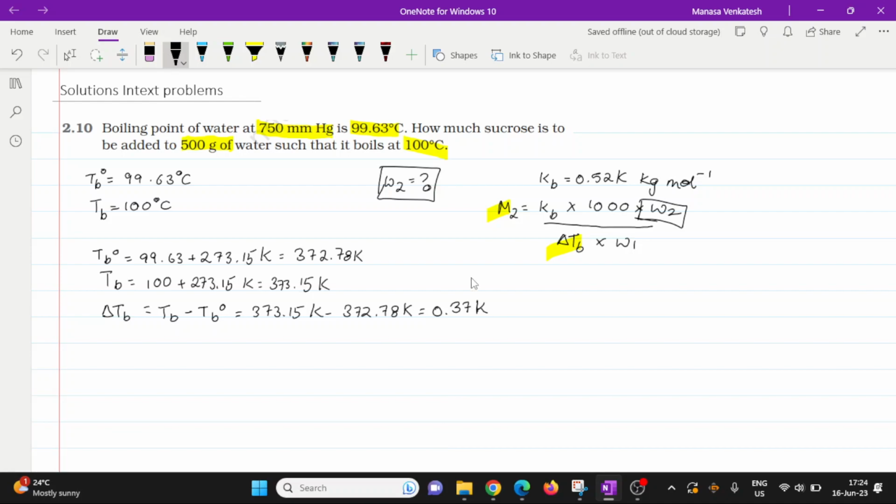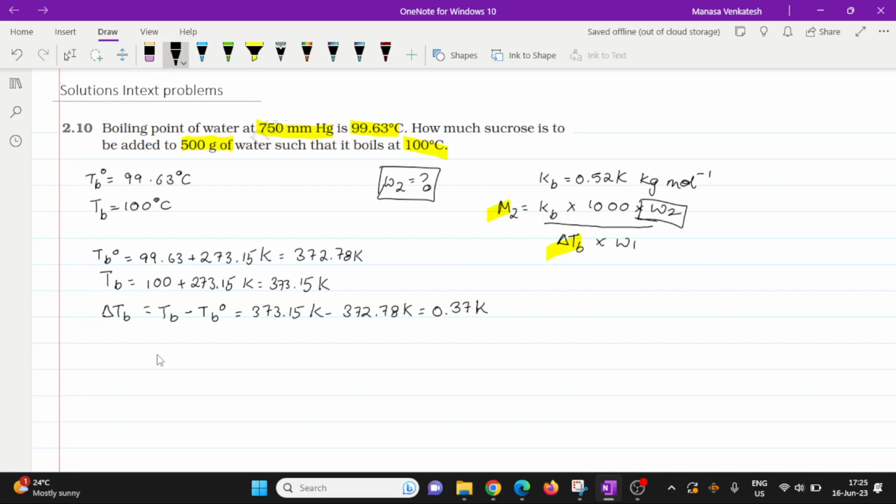Now you might be like, okay, listen, we just literally added this and subtracted the same value. It's just about the units. You got to get the units correct. If you had 0.37 Celsius over here, you would have just not known what to do after that, and adding 273 at that point would have been bad. So we are just converting, and we got our delta TB in Kelvin and not in Celsius.